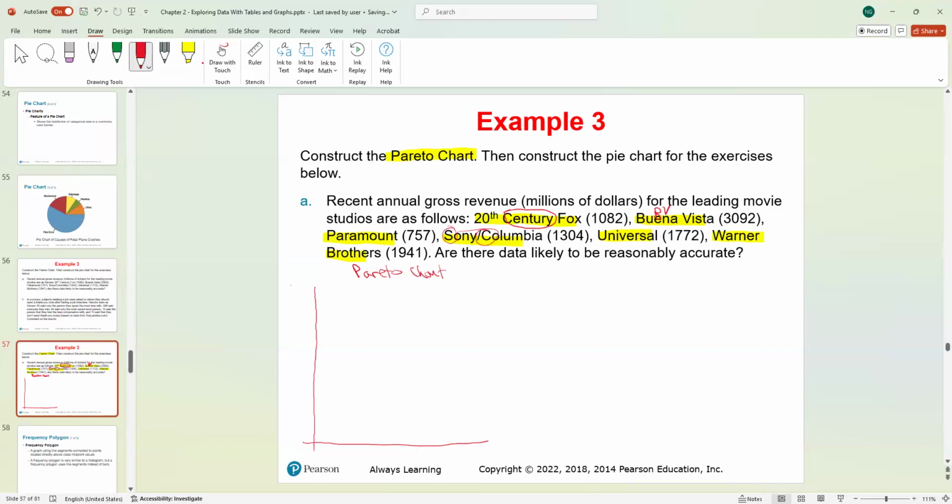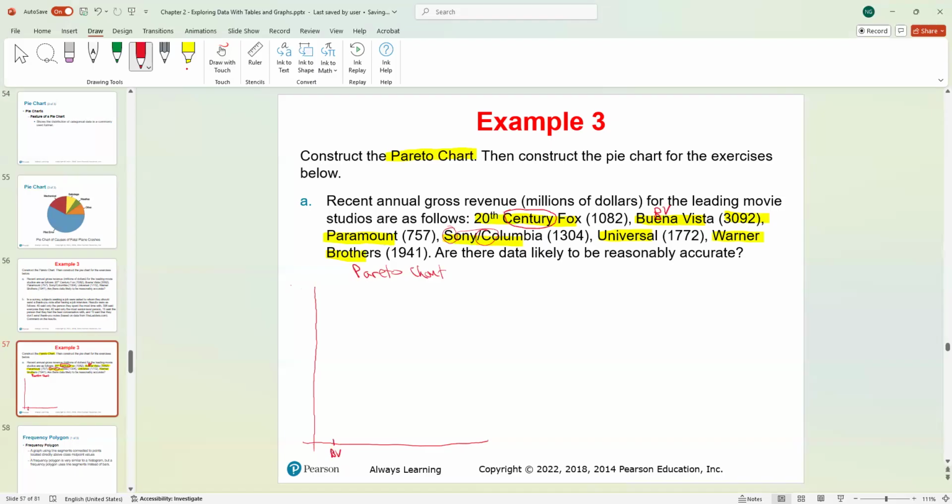So let's put them here, but the most important thing is to identify the one with the larger frequency. Which one has the bigger number? Yes, that's Buena Vista, 3092. So we're going to put Buena Vista as the first one.